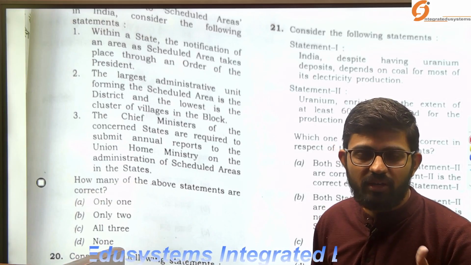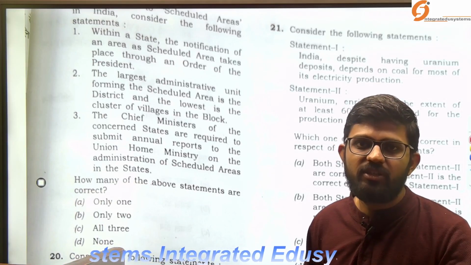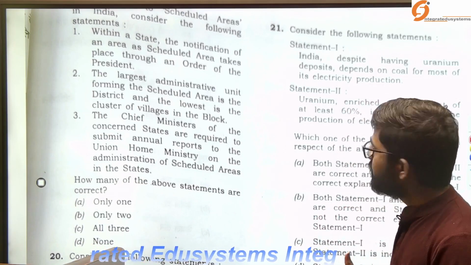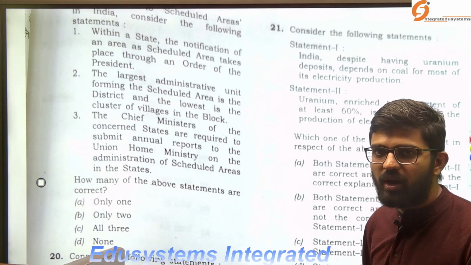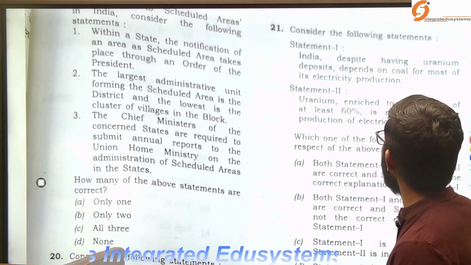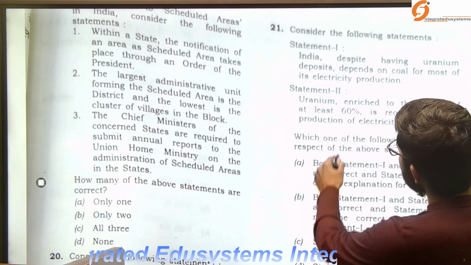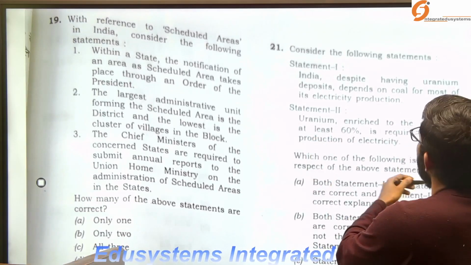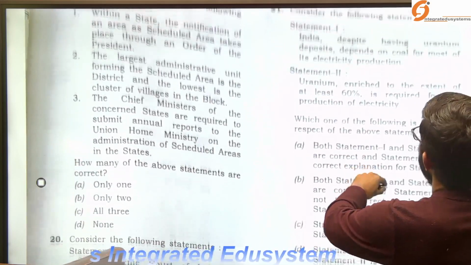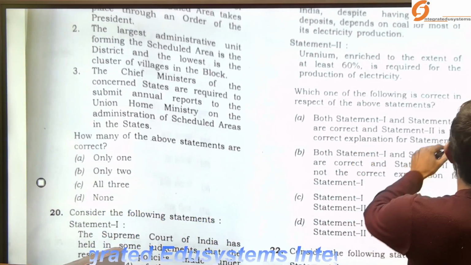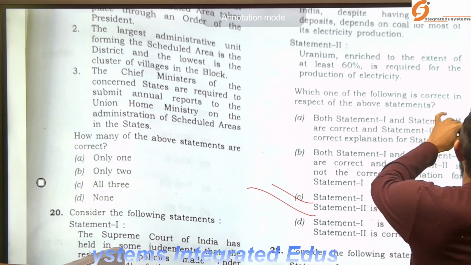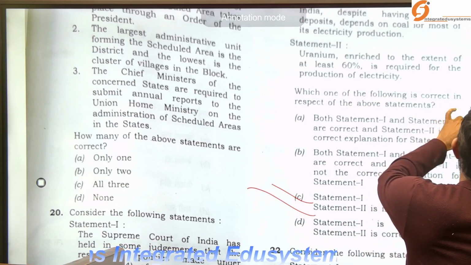When you are enriching beyond 10%, you are transforming uranium into weapon grade. So definitely the production of electricity requires below 60%, that is 10% that we require. So statement 2 is definitely incorrect, statement 1 is correct. So the answer is only and only C. Next question.